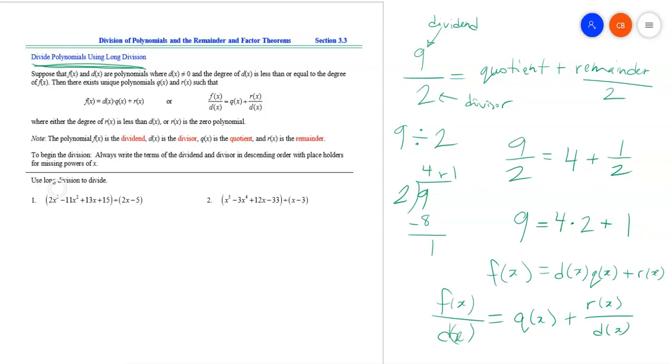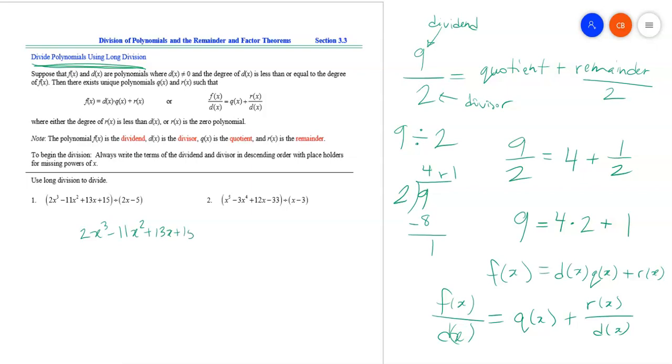Now, there's something called polynomial long division, and this will work for sure for any two polynomials. This will always be a way that you can divide them. What we're going to see later, synthetic division, only works in special cases. So we will take a look at this long division, and we write it down. We set it up the same way that you would set up long division for numbers.